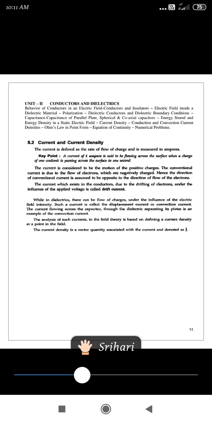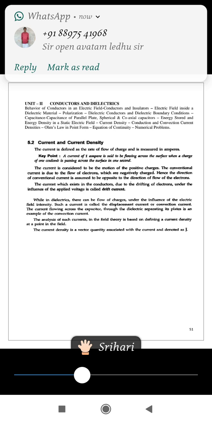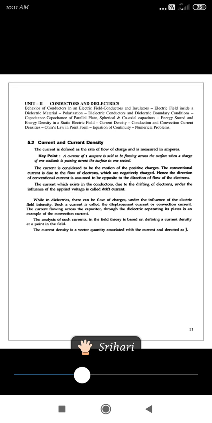The rate of flow of charge is current, and current is measured in units of amperes.